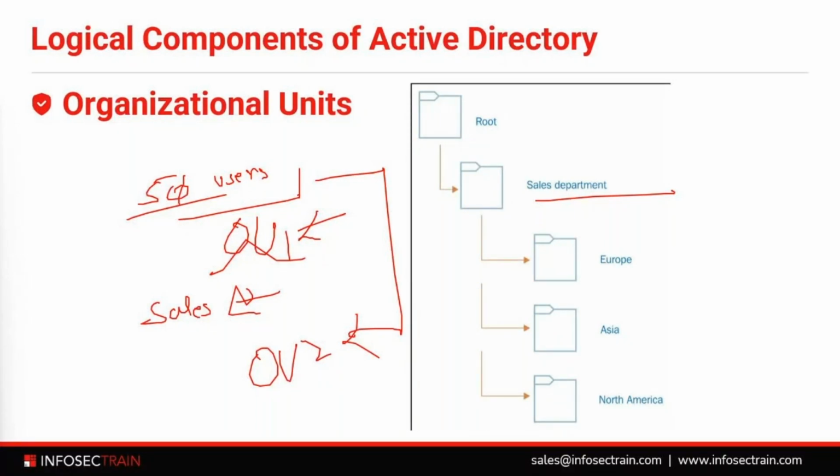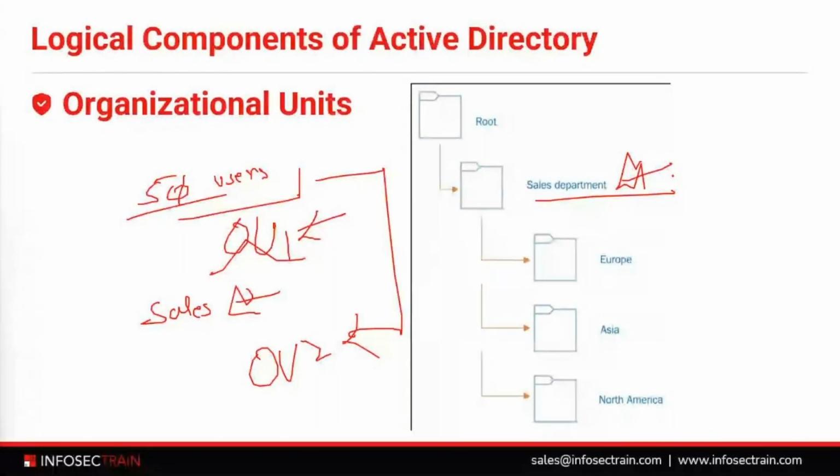But creating organizational unit based on geographical area, it will allow administrators to delegate control over those objects to individual groups in the regional office, right? So if a specific security policy needs to be applied to a regional office sales department, it can be applied on the organizational unit rather than applying it to the whole sales department.